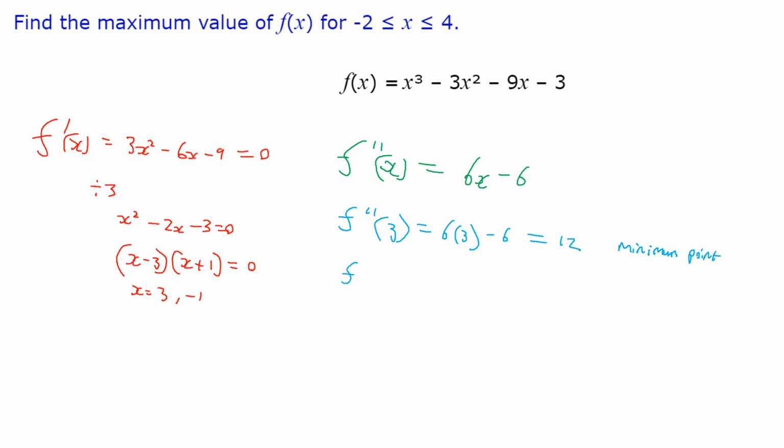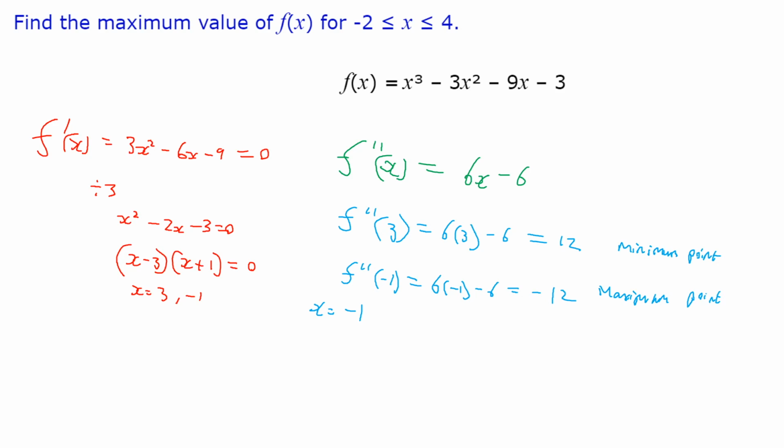Okay? f double prime of minus 1 is going to be 6 times minus 1 minus 6, which is going to be minus 12. So this is the maximum point. Okay? So if we know that x is equal to minus 1, then what is y going to be equal to?